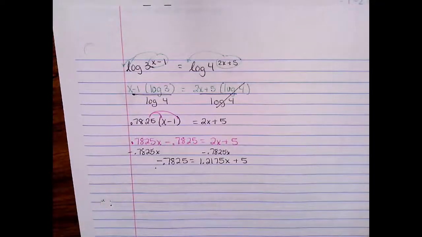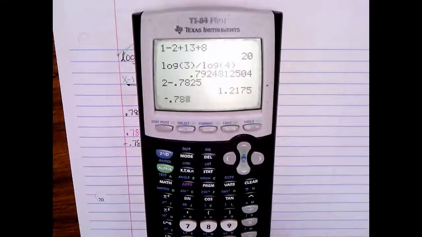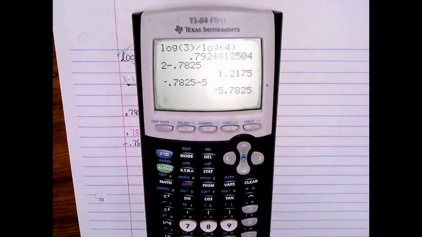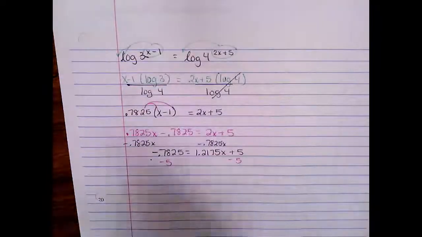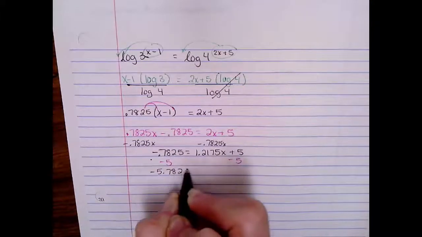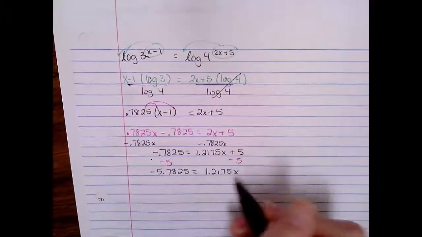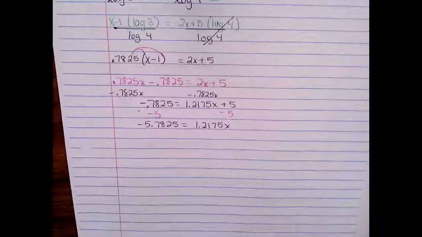Okay, getting there. So minus my 5. Now I have negative 0.7825 minus 5, and I get negative 5.7825 equals 1.2175x. Again, don't let big decimal numbers scare you.